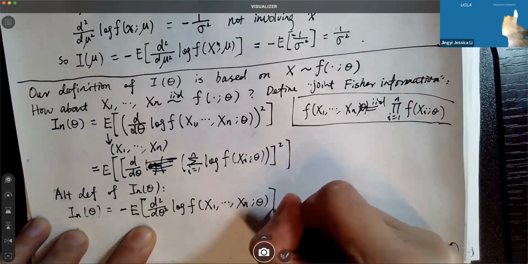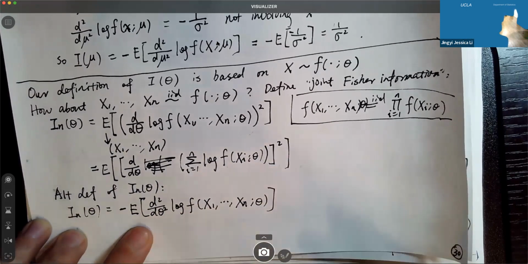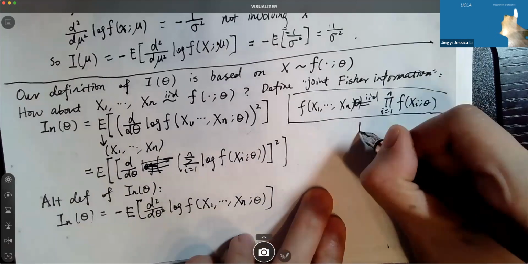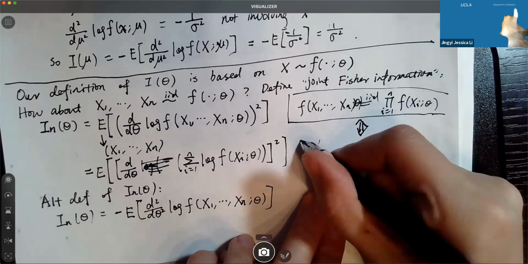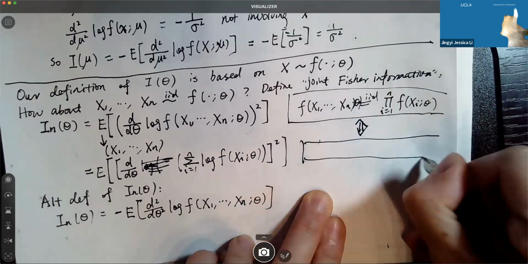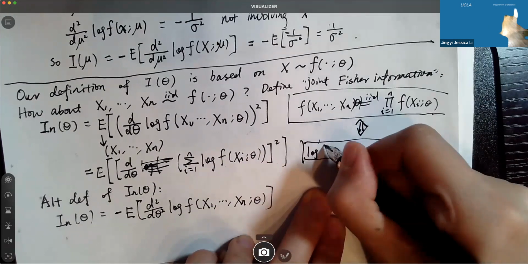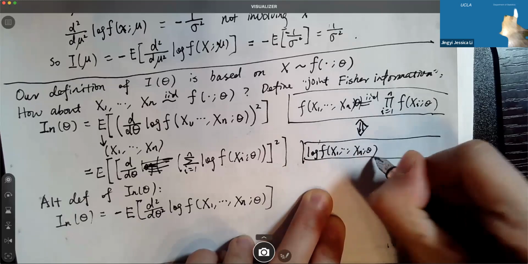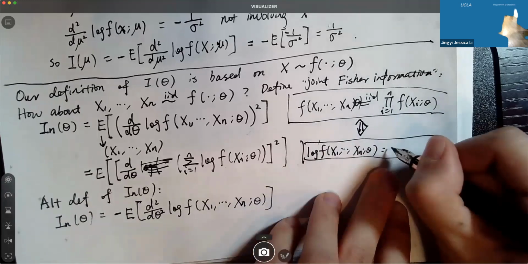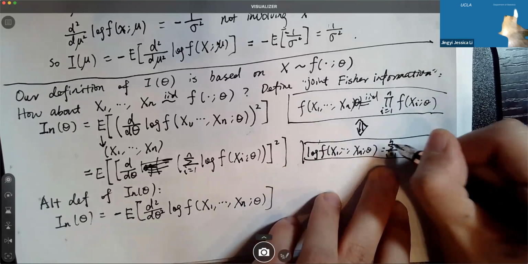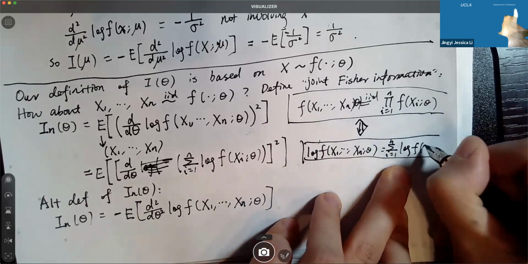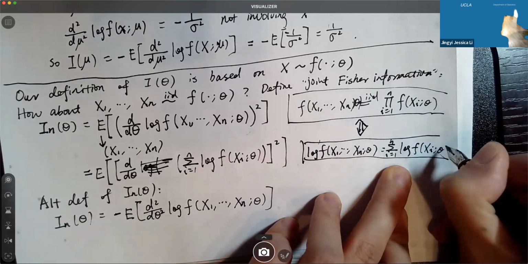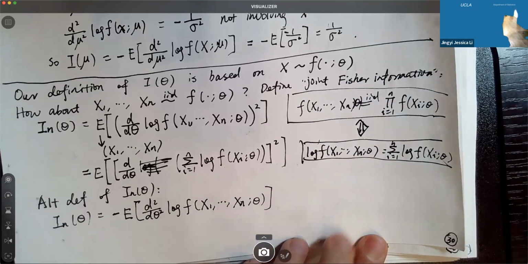Okay, that's it. And because of this, log f of x1 to xn given theta will be equal to the sum of log f of xi given theta, and we're going to use that here.